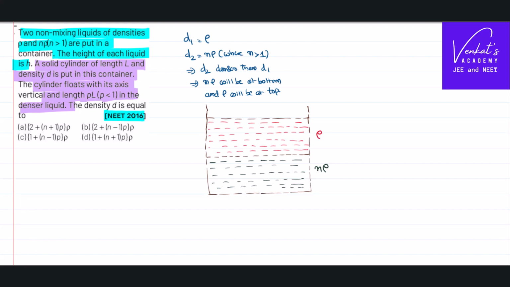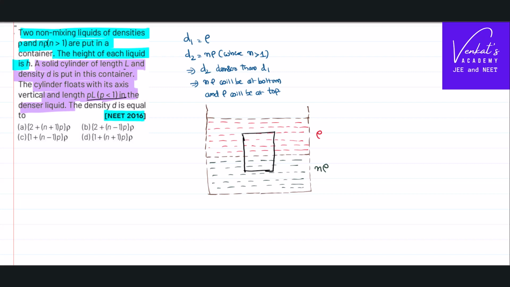Now in this, a solid cylinder is placed. Let's imagine a solid cylinder placed in such a way that its axis is vertical, and PL is in the denser liquid, while P is less than 1.